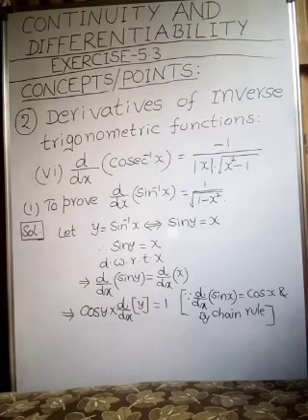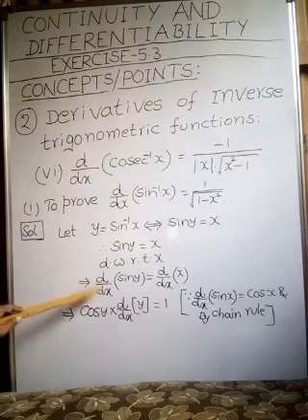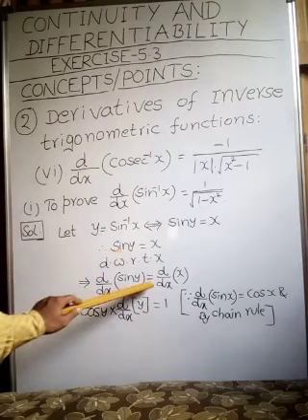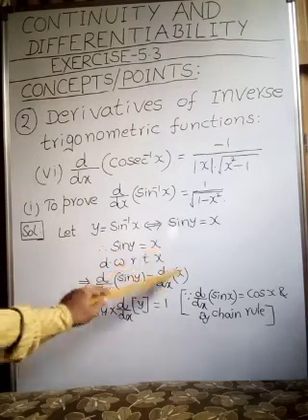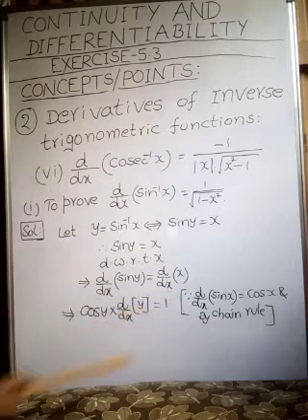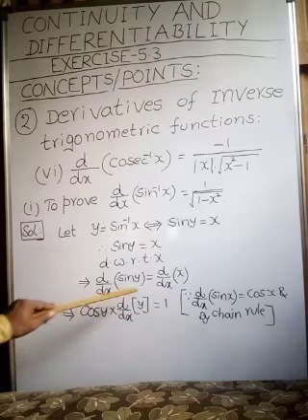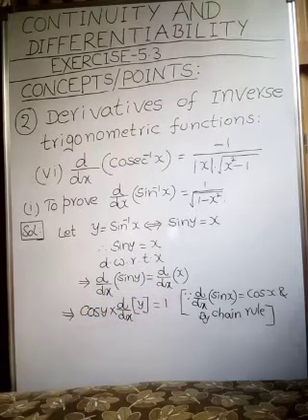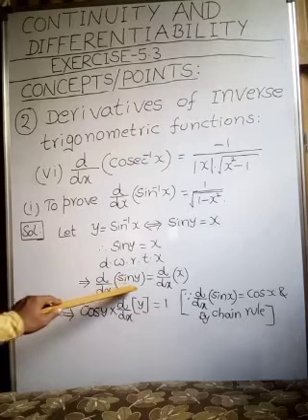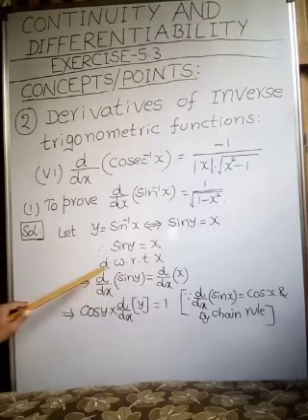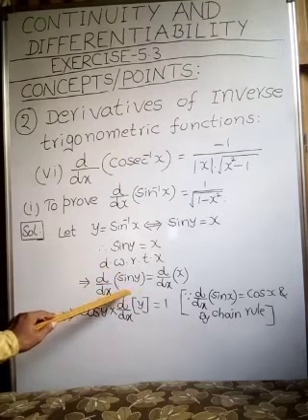I told this point also many times. So d by dx of sin y is equal to d by dx of x. Here I wrote the differential operator on both sides. Understood this step, my dear children? Right. This implies here d by dx of sin y, not d by dx of sin x here.